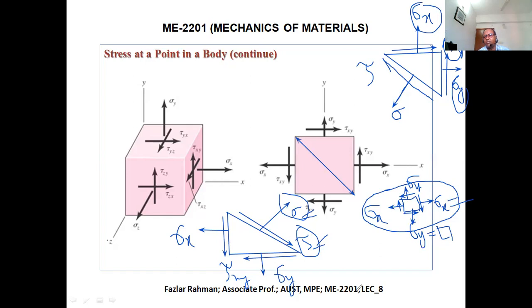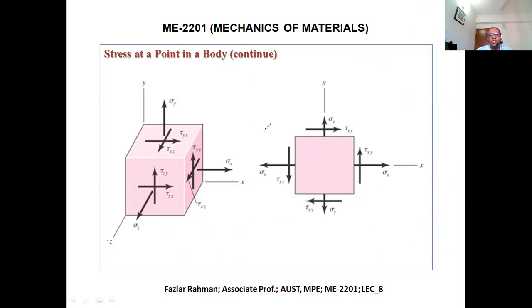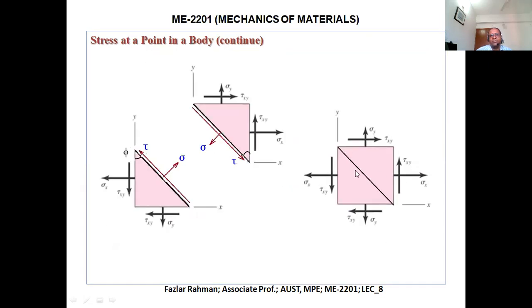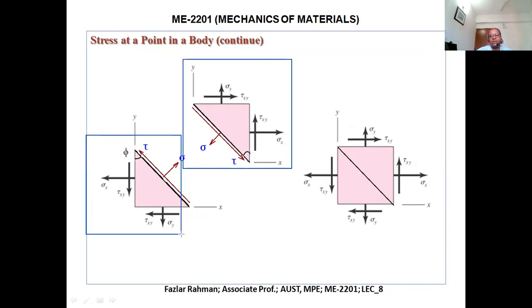So we need to have a formula. Mathematically, we need a formula for this sigma and this tau. So let's see how we can figure out the value of sigma and tau. Right over here, I cut it along this direction and make two parts. This is the upper part, this is the bottom part. In the bottom part, this is tau working downward, and over here tau working along this direction, sigma.